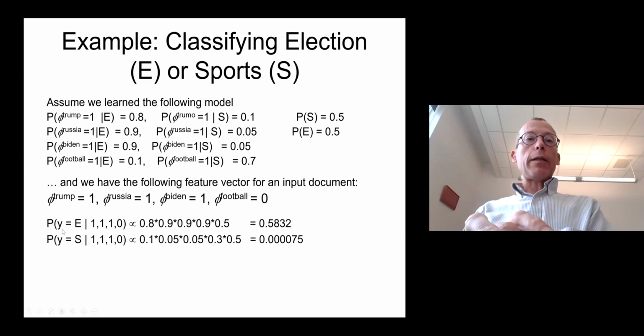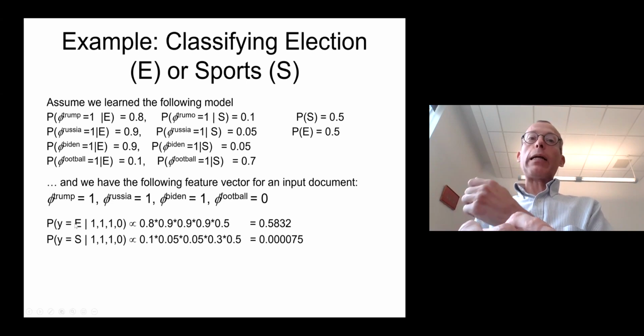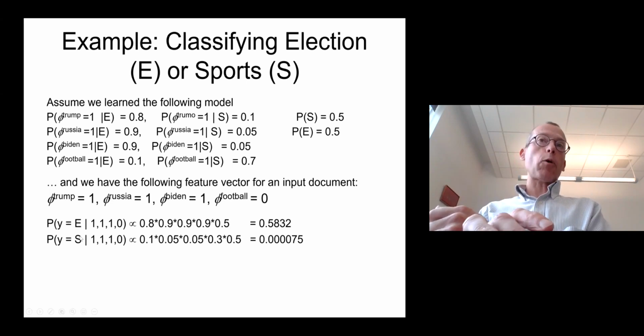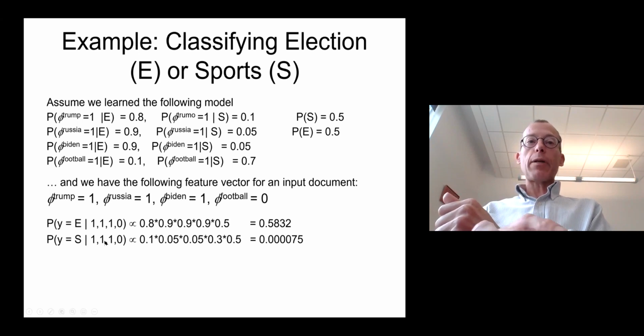So what do we do? We compute the probability of Y. The probability of Y equals E, which is the probability that it's an election document, and the probability of the sport document. You do that by multiplying the probability of each of these conditioned on E times the prior, right? And the same thing for here.